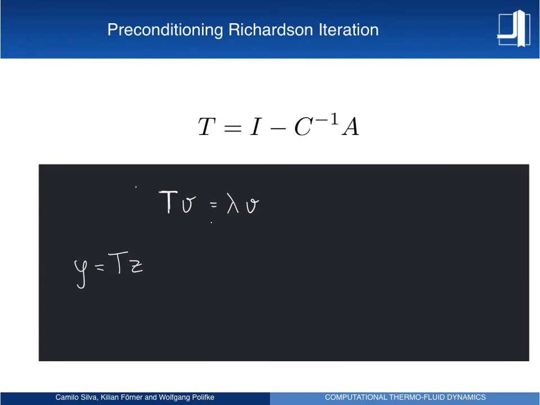So z is going to be dilated, maybe it's going to be compressed, maybe it's going to be rotated, and we're interested right now in how this matrix is able to dilate this z vector. So in order to understand these dilatation coefficients, we will have to understand these eigenvalues.